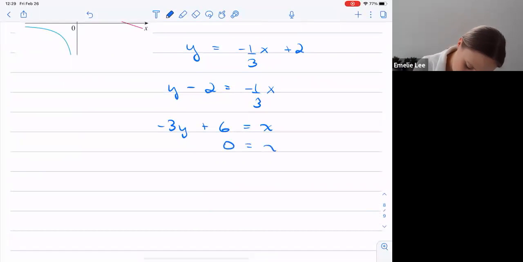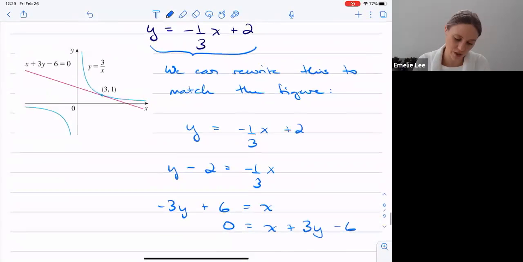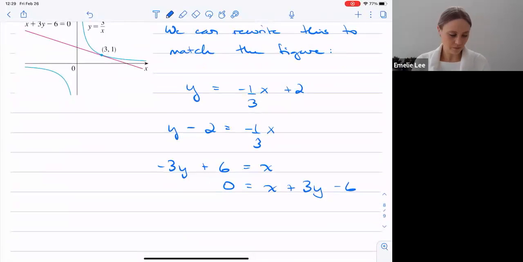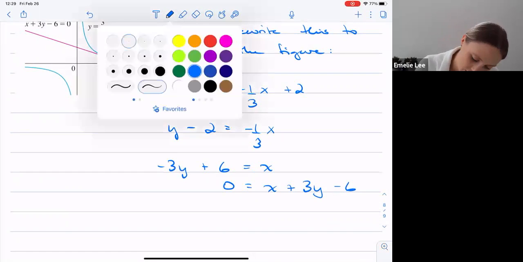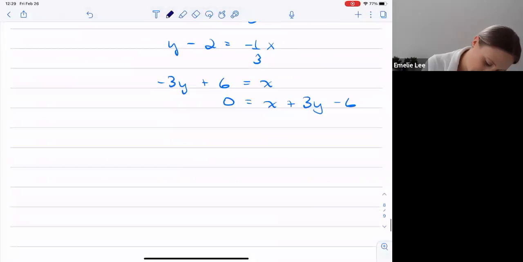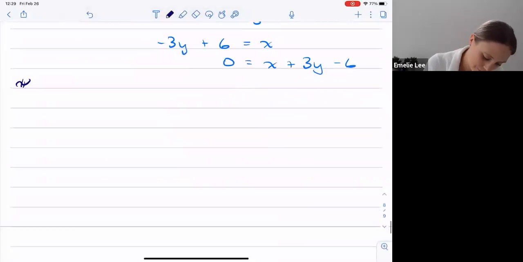So then 0 equals x plus 3y minus 6, which is what they have. Good. And so we know that the velocity behaves the same as the slope of the tangent line. And so it's the end of that one.